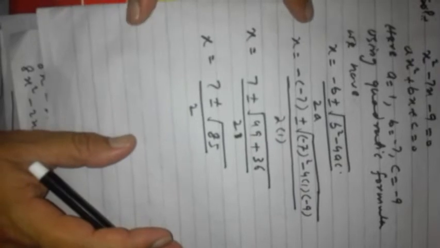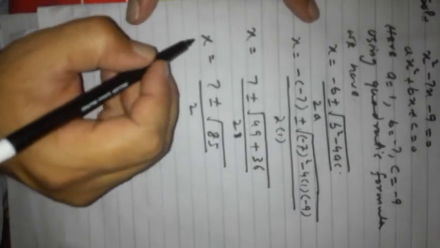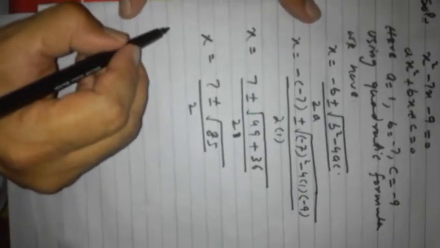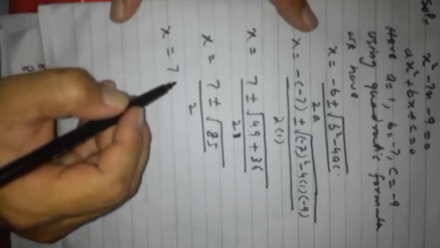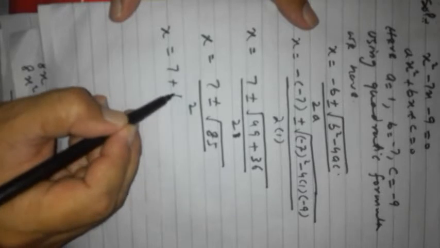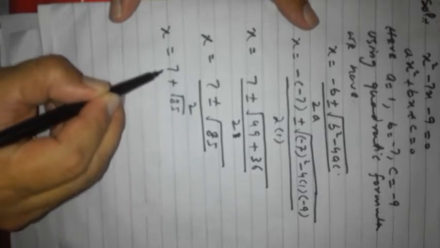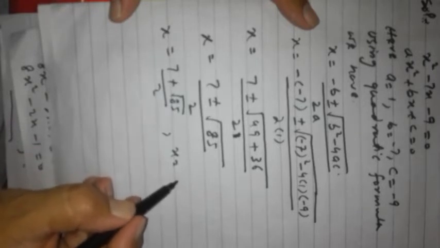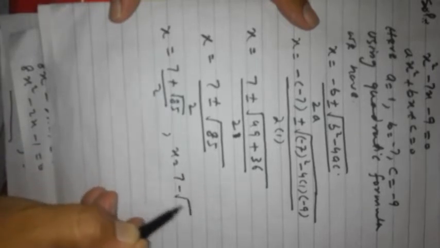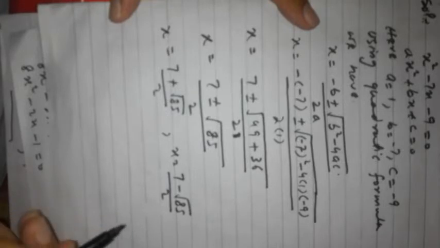So here we have two roots. The one is x equals to 7 plus under the root 85 by 2, and the other is x equals to 7 minus under the root 85 divided by 2.